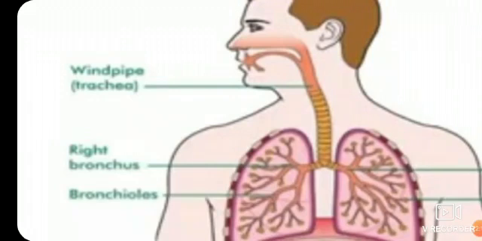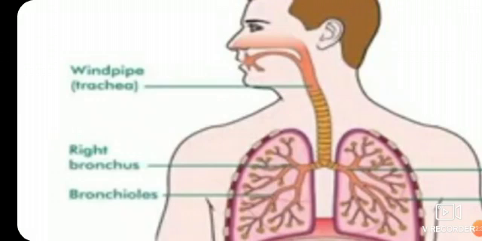After that, can you see here? There are grape-like structures that are known as alveoli. So the alveoli are the end of the branches of the trachea.